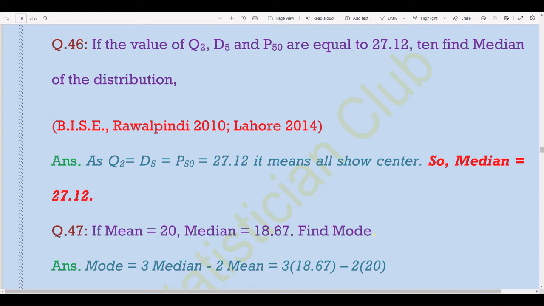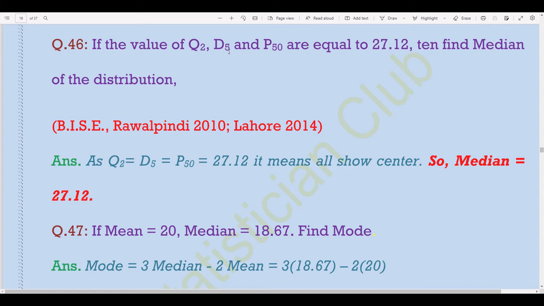D5, as you know, decile divides the data into 10 equal parts. D1 is 1 to 10, D2 is 11 to 20, D3 is 21 to 30, D4 is 31 to 40, D5 is 41 to 50. So D5 lies at the middle of data, and median represents the middle values. So D5 is also equal to median.